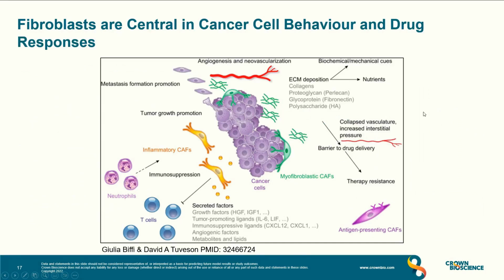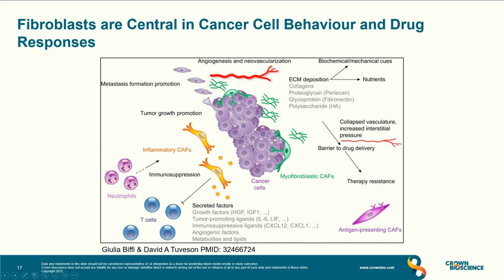Then I want to wrap up my talk by going to my personal favorites. We have fibroblasts, also present in tumors, and they are central in cancer cell behavior and drug responses. We nowadays discriminate 3 different populations of fibroblasts, which are inflammatory CAFs, which are important for immune suppression, cytokine excretion, and seem to have a tumor promoting role.